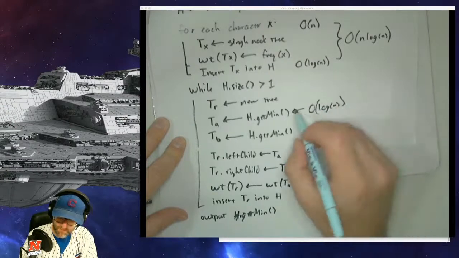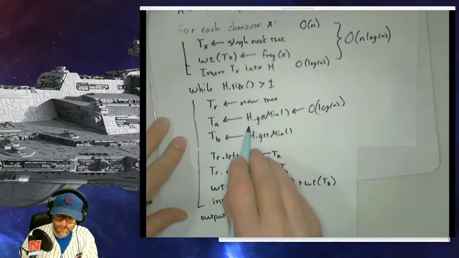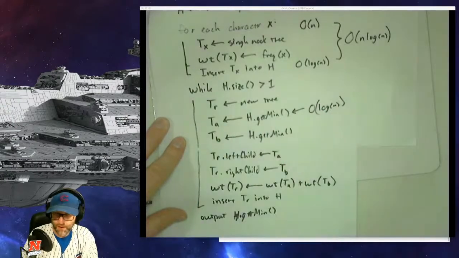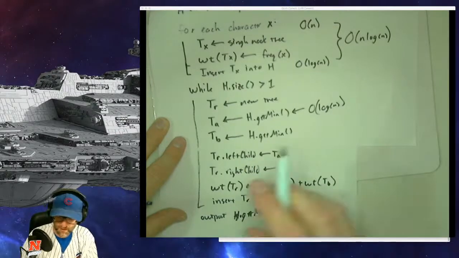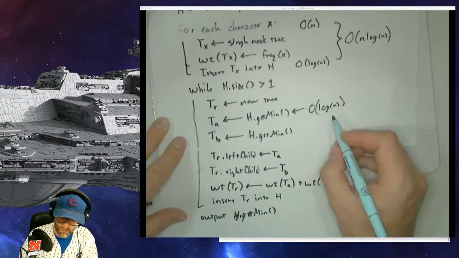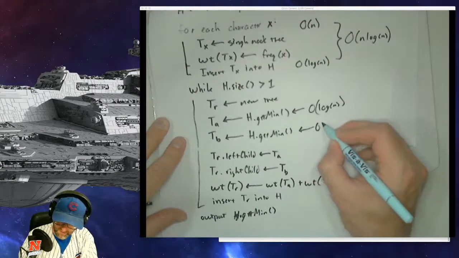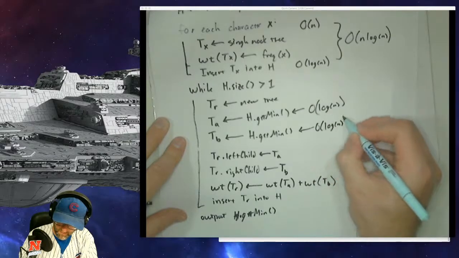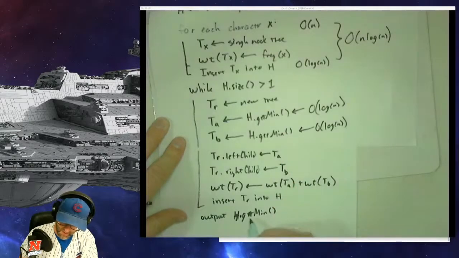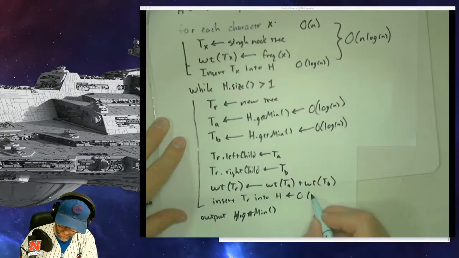Because if there are n things in the heap already, getting the minimum and then heapifying it, fixing up the heap, is going to require order log n operations. Likewise, this is going to be order log n, to get the next minimum. And then also putting it back in is going to be order log n.